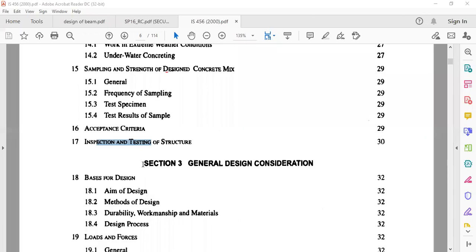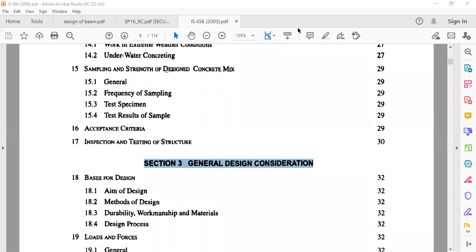And now you can see this is Section 3, general design considerations. What does this consist of? Whatever design part and how to take the different things related to the design.